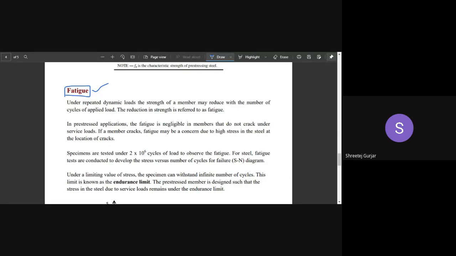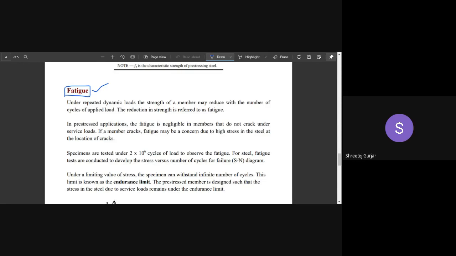with the number of cycles of the applied load. Whenever we apply our load and release our load, cyclic loading and unloading is there.